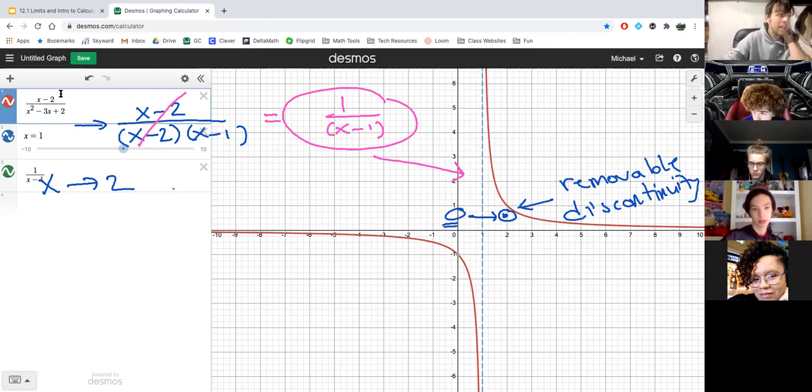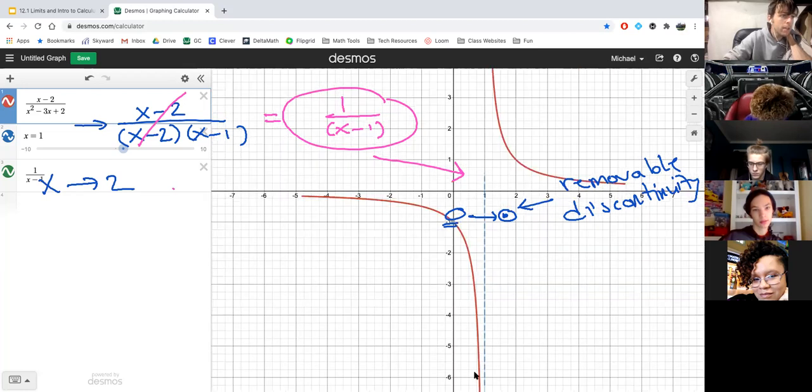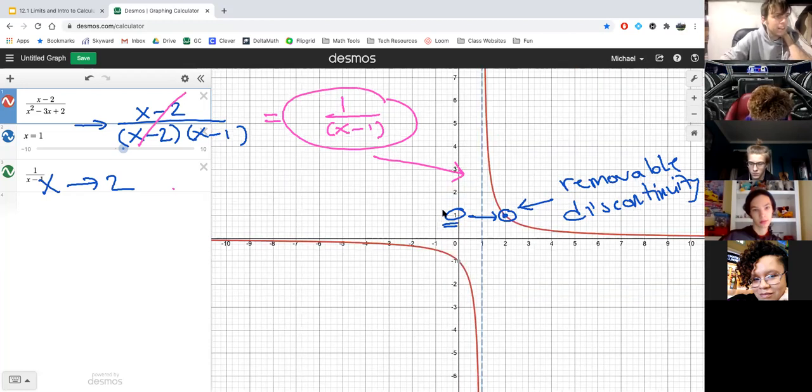These are not the same function, but this one helps us figure out what the limit of that one was, because we were able to remove that discontinuity, the hole that our graph had, by factoring and canceling. Therefore we can see that it does actually approach 1. I kind of scrolled the graph. Oh my goodness, there we go. When I removed the discontinuity, I could actually see that the graph did approach very specifically the number 1.